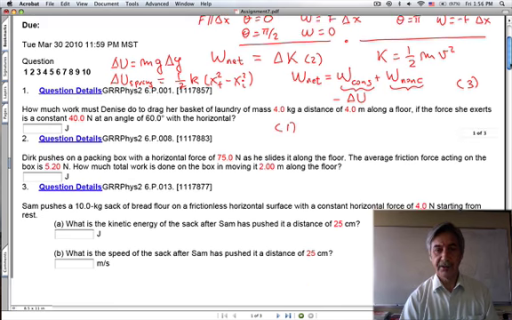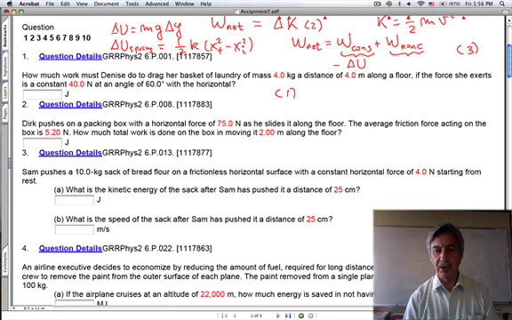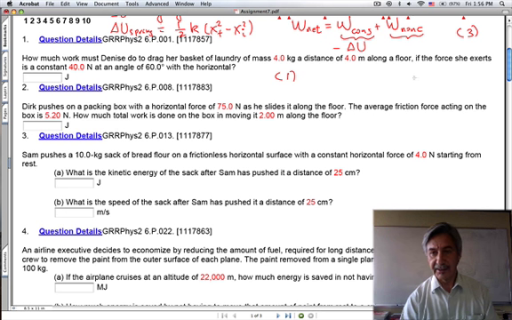In problem number 2, you are pushing a box horizontally. So when you're pushing the box horizontally, you have this force F, but there is also a force of friction that opposes the force F, and there are the common other two forces.